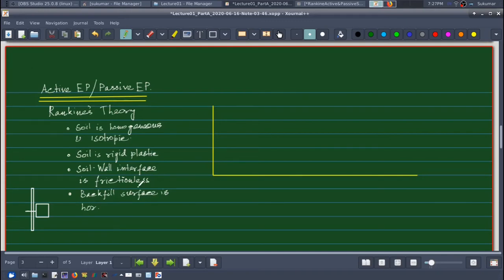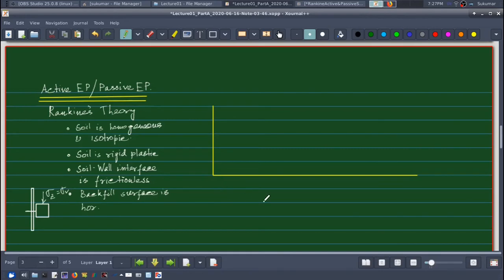Now, using this theory, let us analyze the amount of active and passive earth pressure for a given soil element on which the vertical stress acting is, say, sigma z or sigma v.